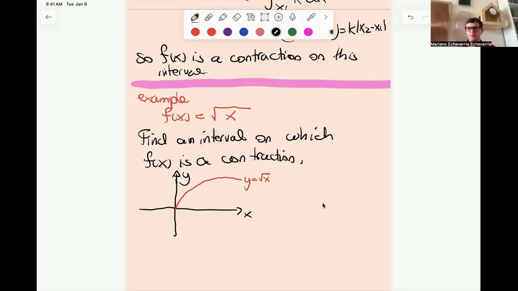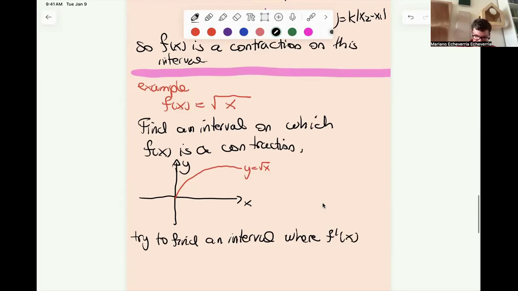Okay, so the way I would do this problem is I'll try to find an interval where f prime of x is less than some constant k, which is less than one.